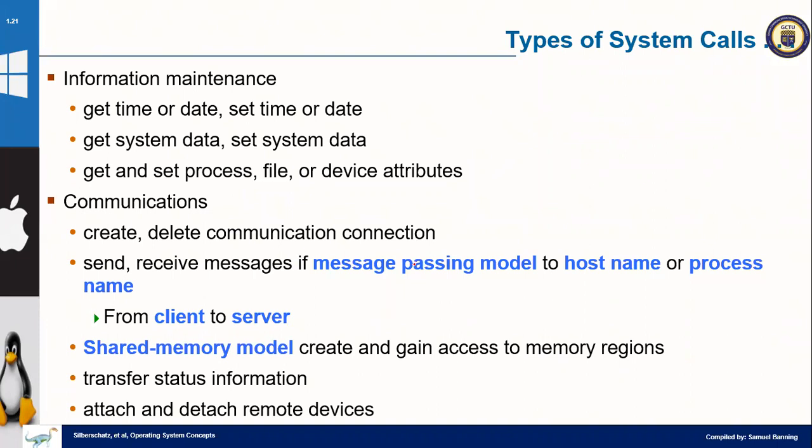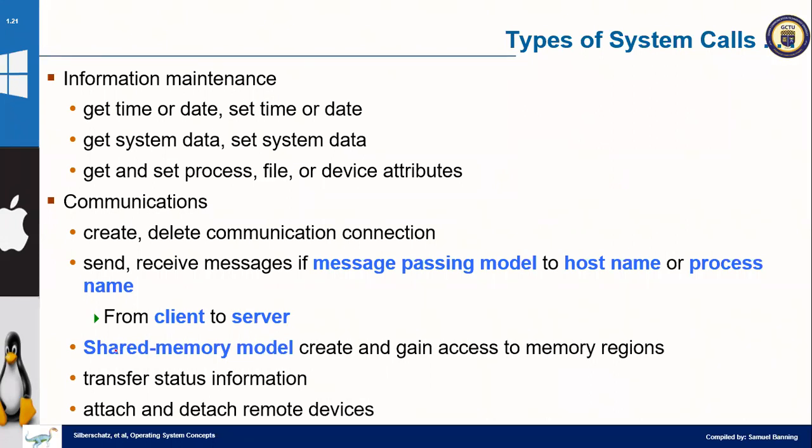We'll talk about the message passing model, how messages are passed, when we get there. So you can use system calls to send or receive messages if I'm using the message passing model, whether it's host to host or process to process or whatever it is. You can also use system calls to send or receive messages from client to server and vice versa, from server to client.